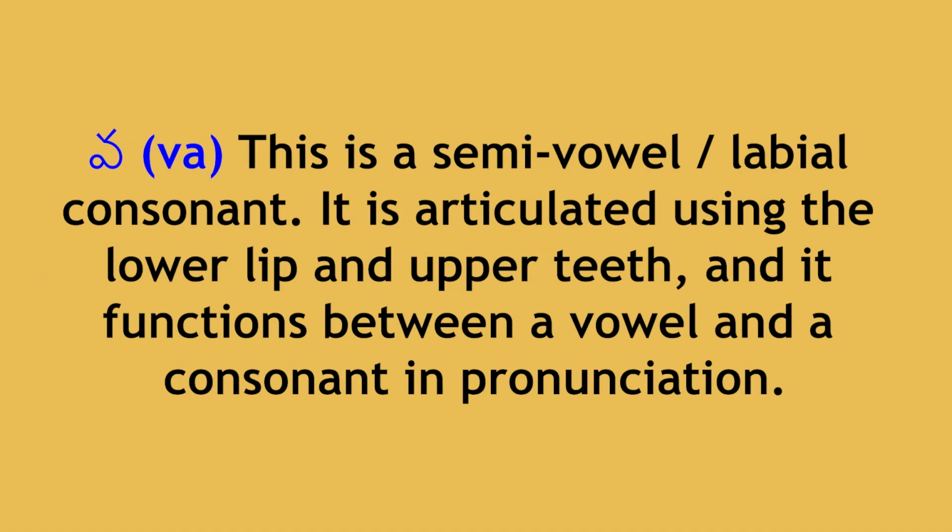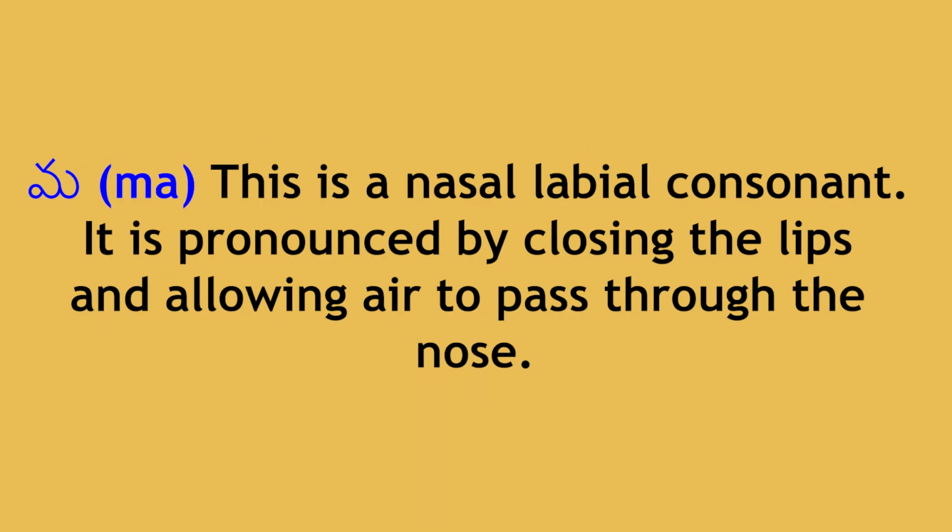And Va, this is a semi-vowel labial consonant. It is articulated using the lower lip and upper teeth, and it functions between a vowel and a consonant in pronunciation. And Ma, this is a nasal labial consonant.